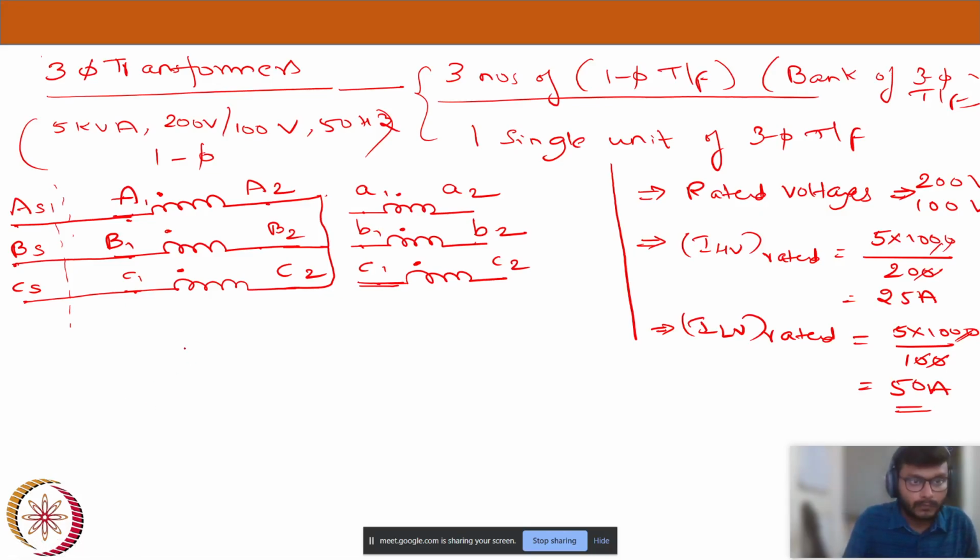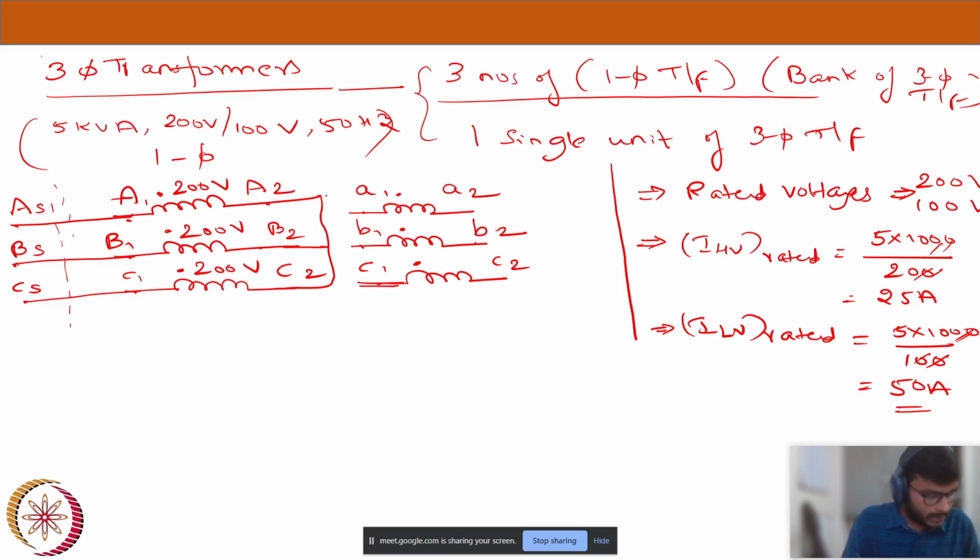So I know the maximum individual voltage that should appear across the windings. Since this is HV winding, each of A1, A2, B1, B2, C1, C2 should only see 200 volts or less than that. I can't go beyond 200 volts.